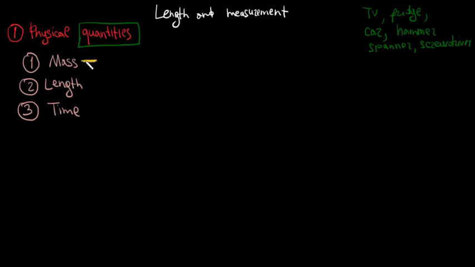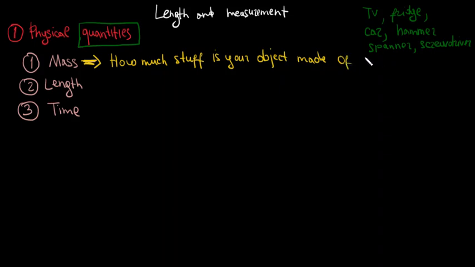So mass is a type of tool or physical quantity which describes how much stuff your object is made of. Or simply you can call it how heavy or how light it is.